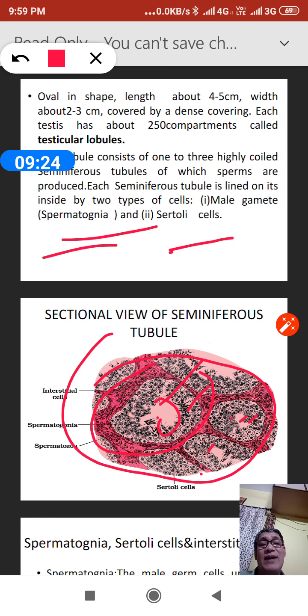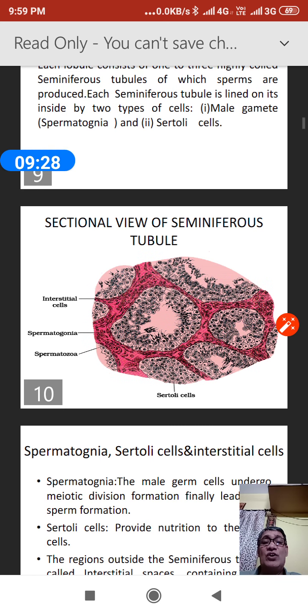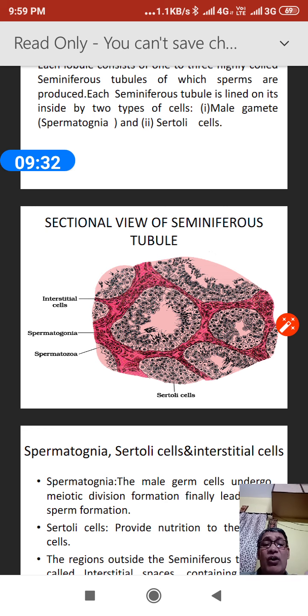Both are found here. In the next class we shall explain how the male gametes are formed within the seminiferous tubule, what the role of the Sertoli cell is, and whether any other cell is present.